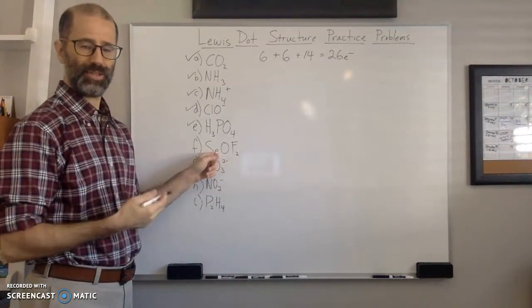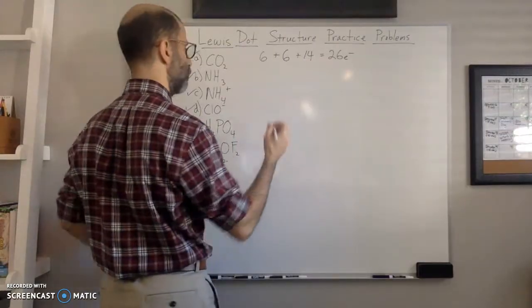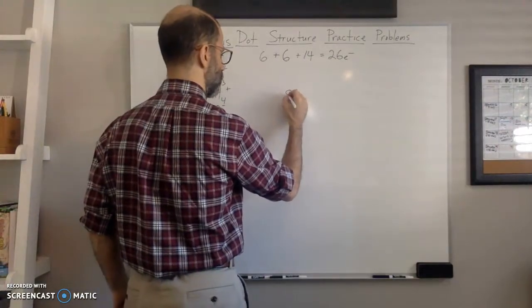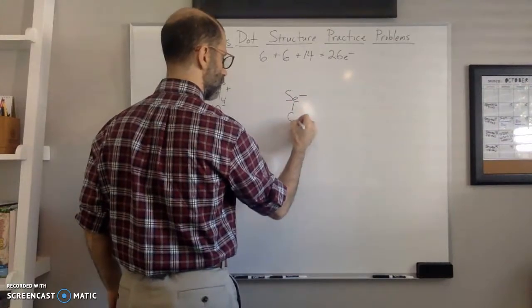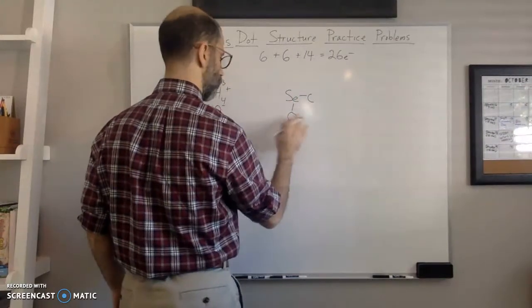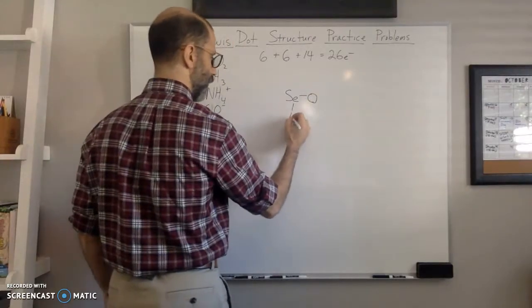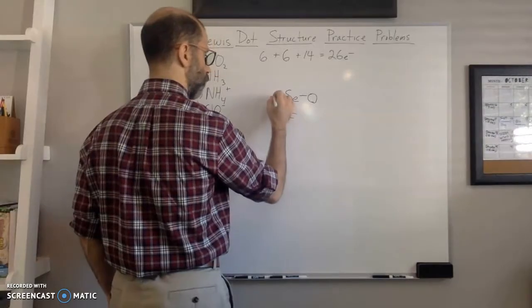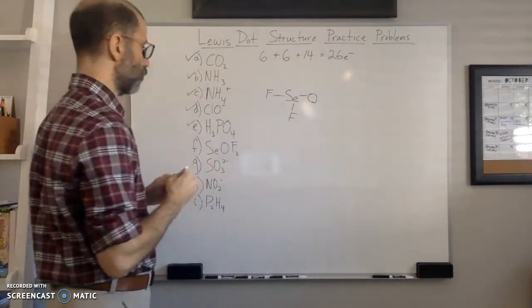Usually the less electronegative atom is written first. So selenium is going to be our central atom. We'll have 1 oxygen, and we'll have 2 fluorines bonded to the selenium.